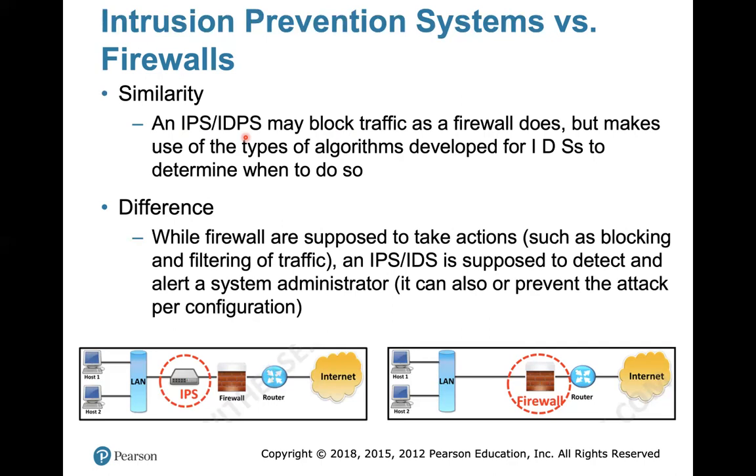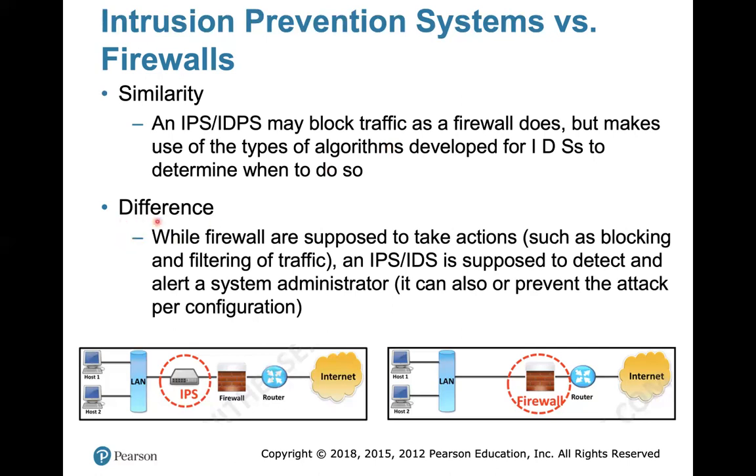You remember in the last video, we talked about them in detail, how those access policies may be developed and some examples of those access policies. But in IPS, the detection takes place based on some algorithms and some pattern detection mechanisms.